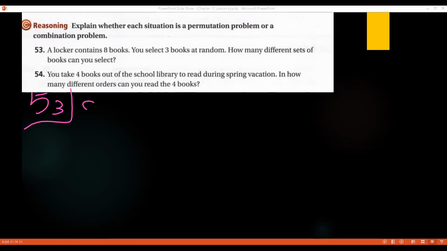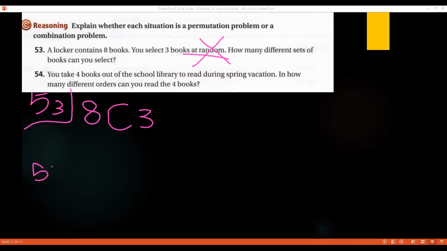You want to select 3 boxes at random, without order. What do you have to use, permutation or combination? Combination. Bravo, because they ask how many different sets of boxes you can select.